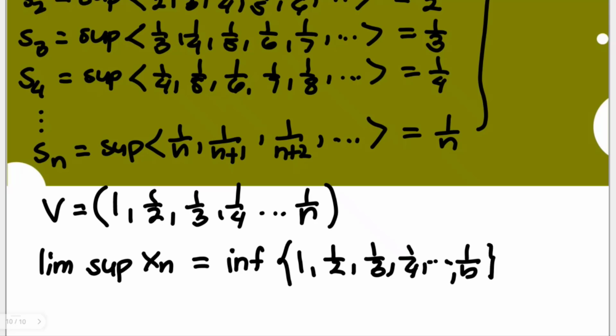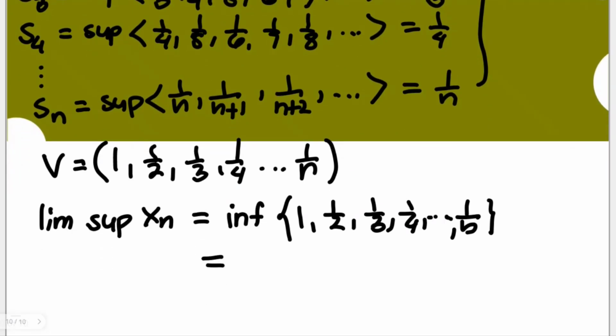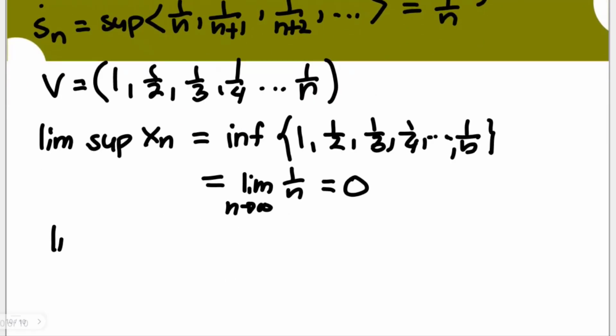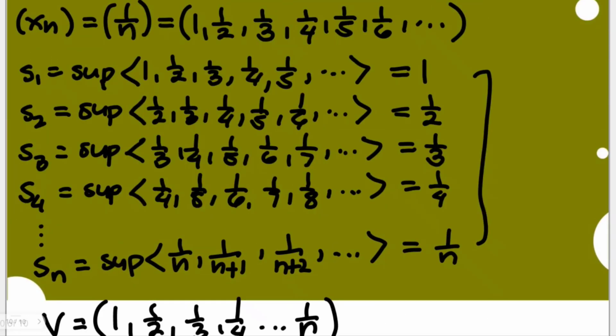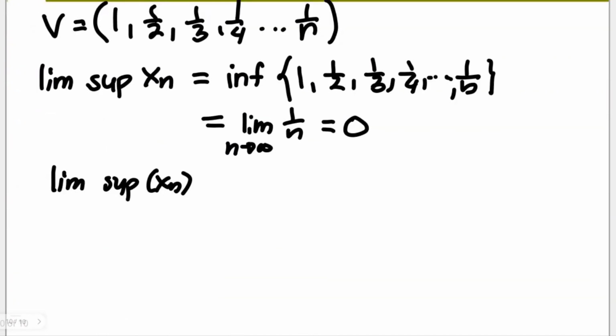And we know that infimum is the greatest lower bound. The greatest lower bound of this is actually the limit of 1 over n as n approaches infinity, which is equal to 0. In short, the limit superior of our given x sub n, which is identified as 1 over n, is equal to 0. This is the infimum of the set V for all V element of real numbers following this idea.